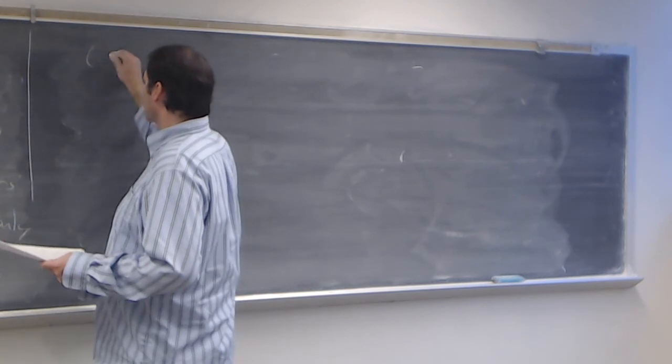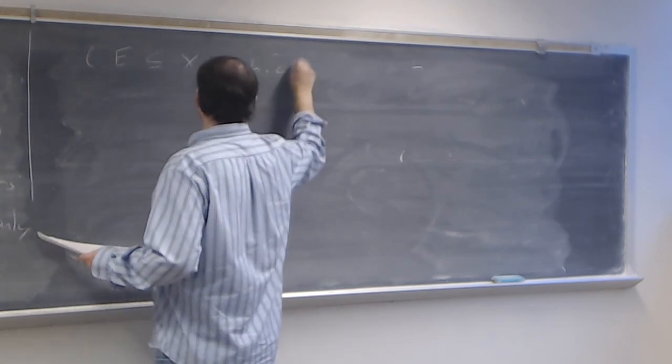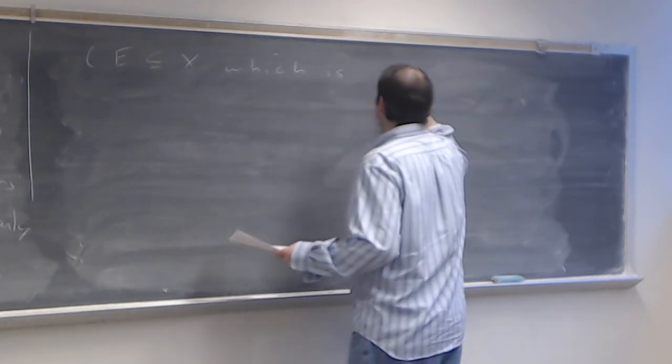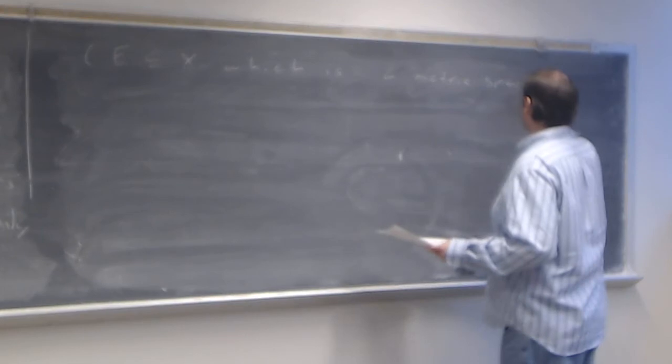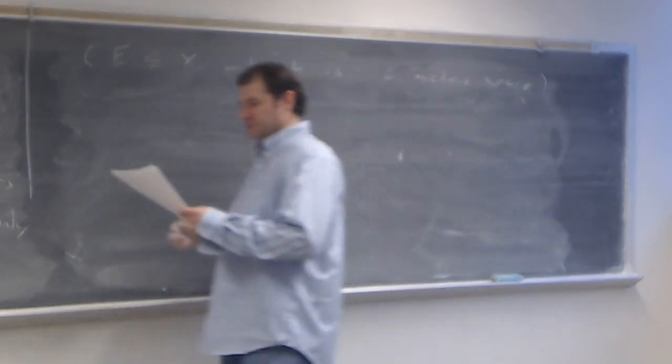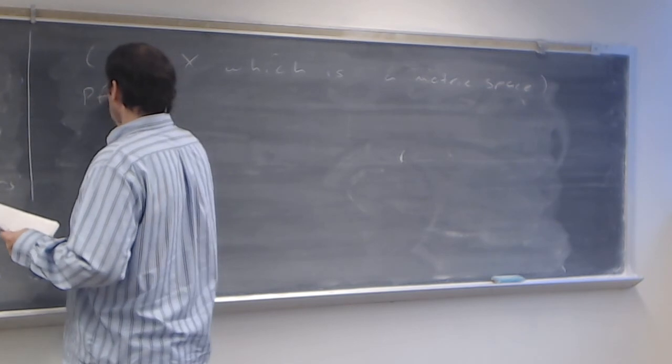By the way, before I start to prove, we're thinking E is a subset of X, which is a metric space. That's our setting for our domain space. So here's the proof.